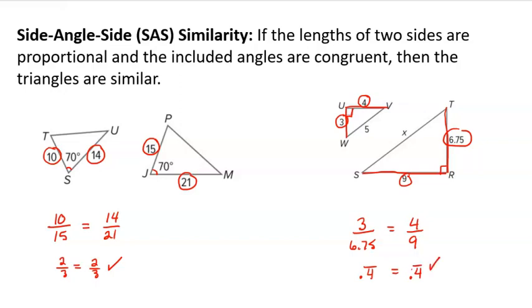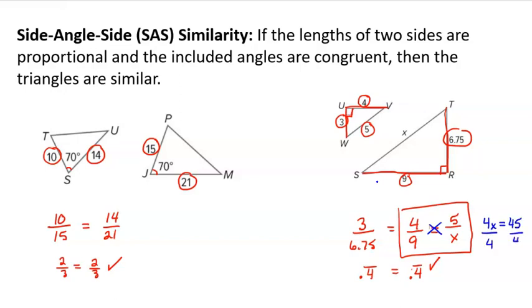Now that I know that these are similar, I can put 5 over x, and then I can use these to solve for x. And so from here, I can cross multiply. 4x is going to give me 9 times 5, which is 45.